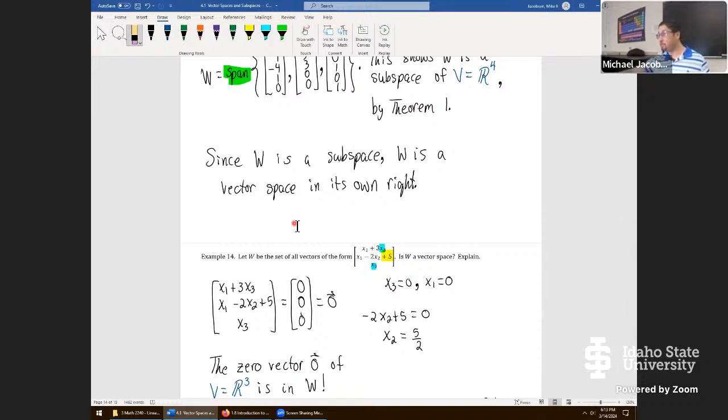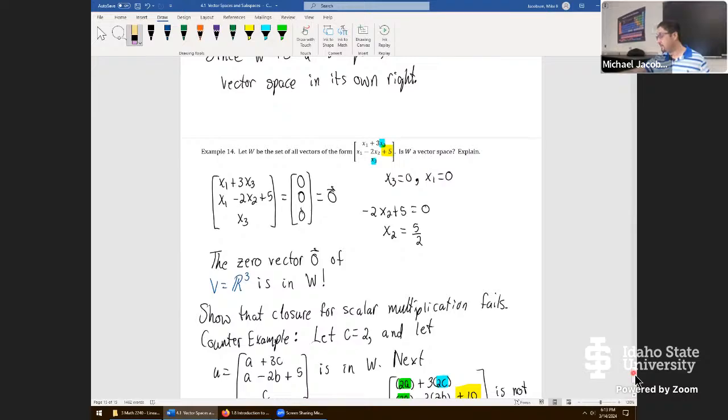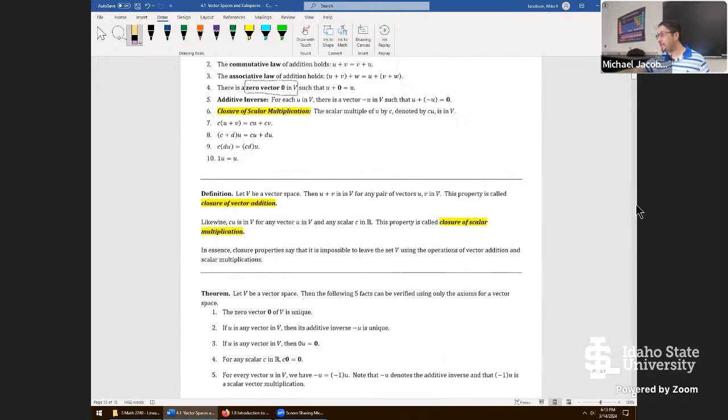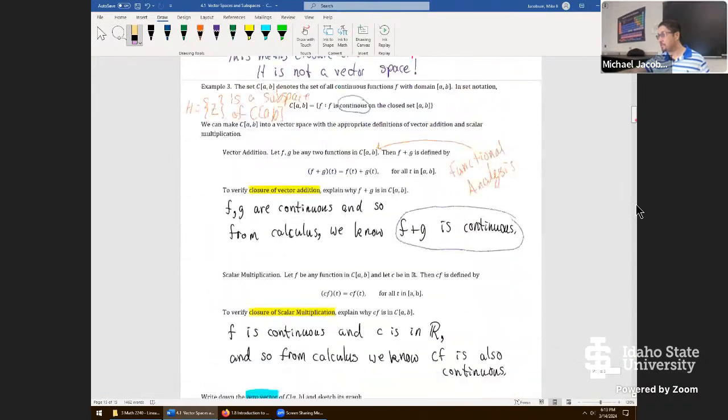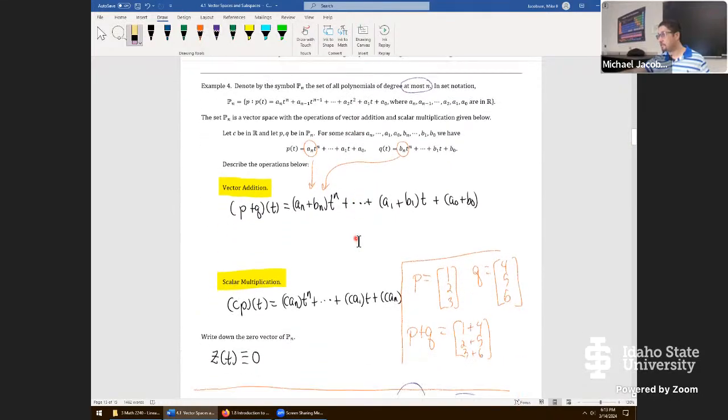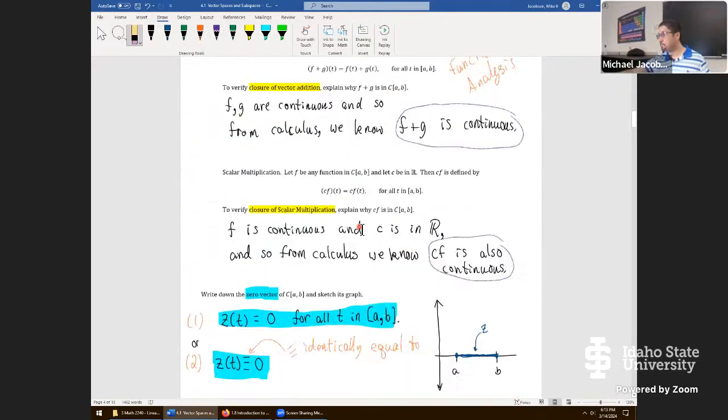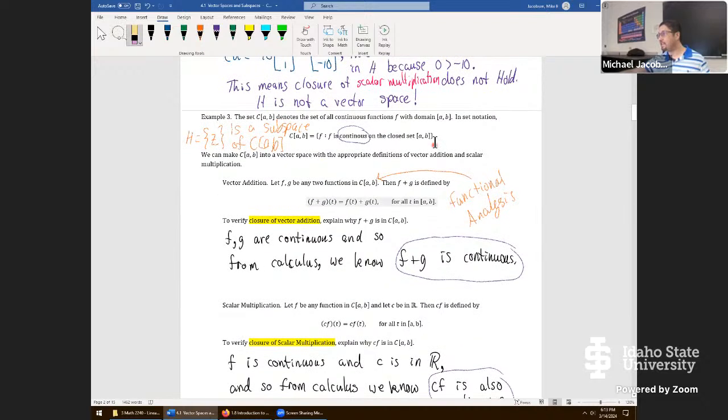But what's kind of good news about that still is, even if your space looks about like, say, this one right here, the space of continuous functions, this one's also impossible to really visualize really well.